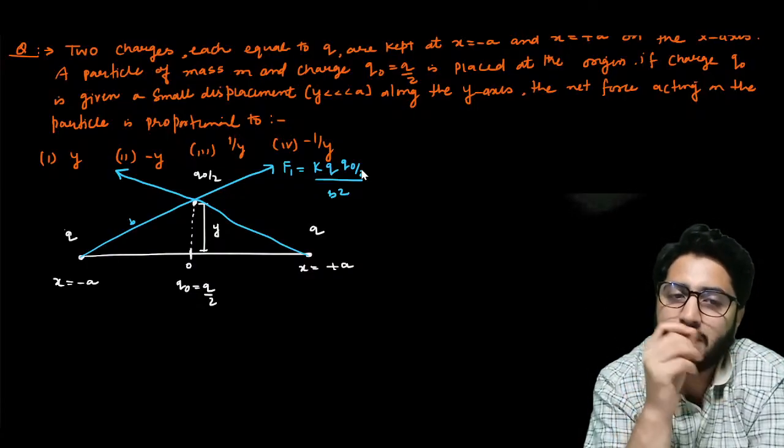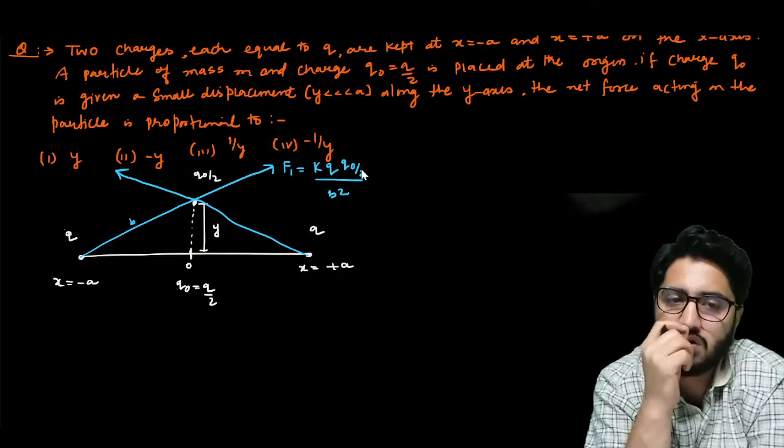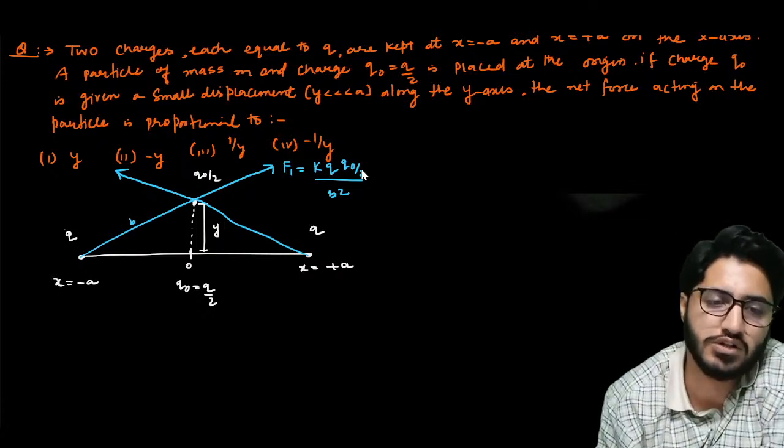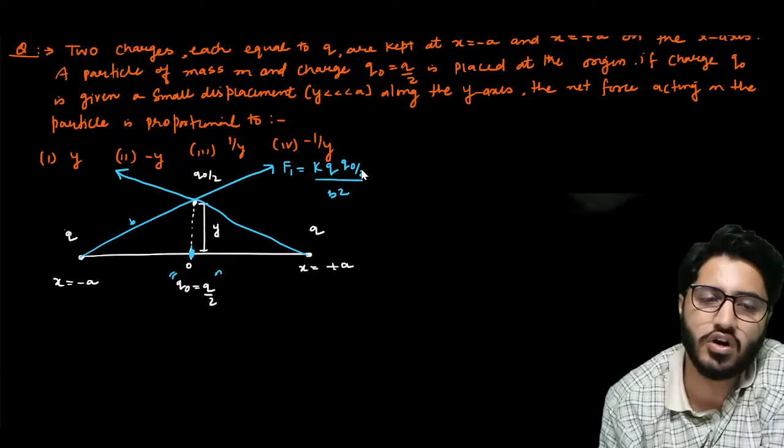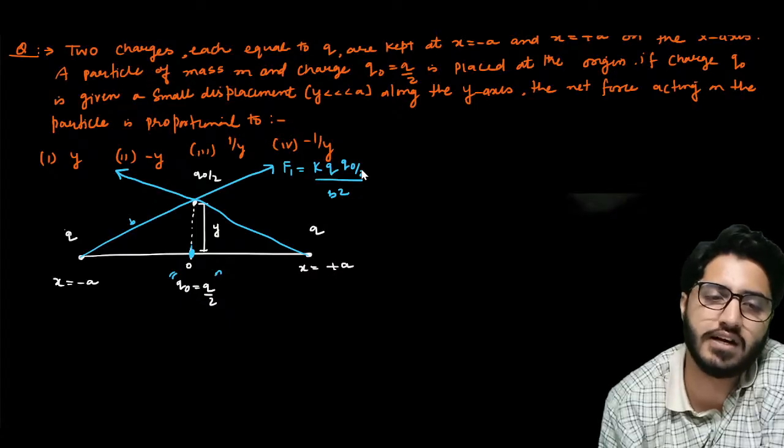A particle of mass m and charge q is at the origin. Now we displace it up to this particular height, this is y.